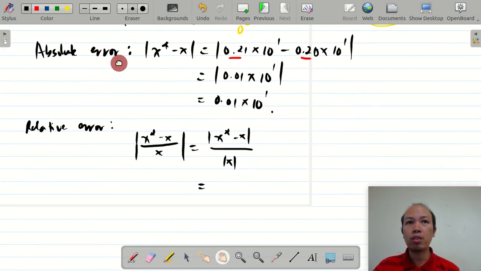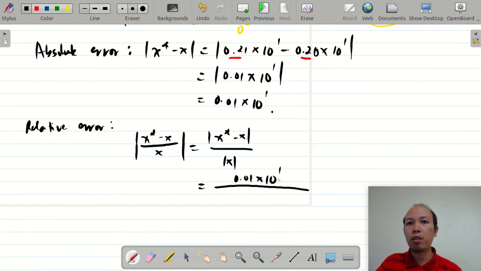Because we already solved the absolute error and the numerator is the same as this one. So this is 0.01 times 10 to the 1. The denominator is 0.20, or 0.2, times 10 to the 1 also.